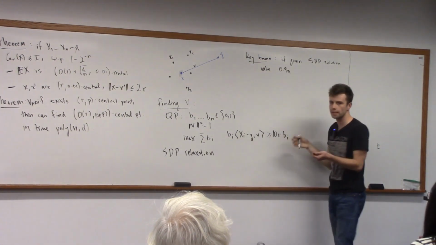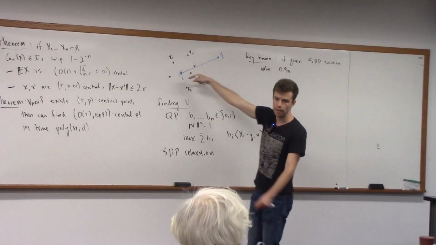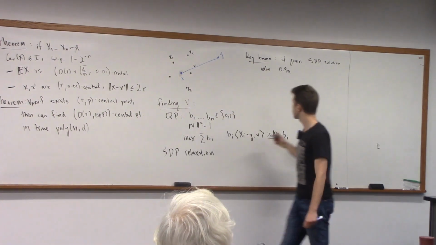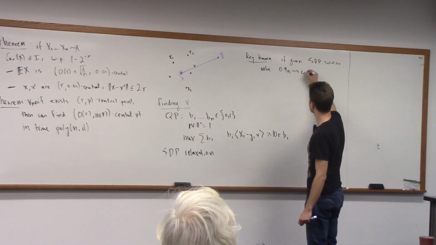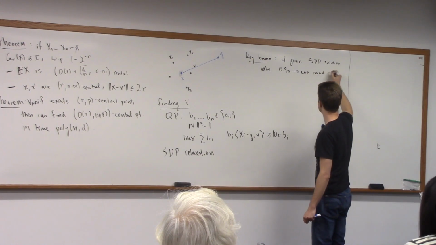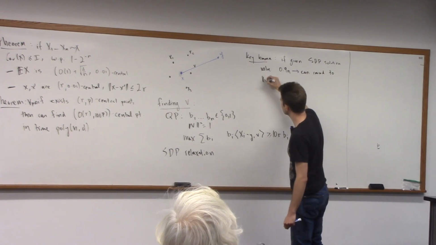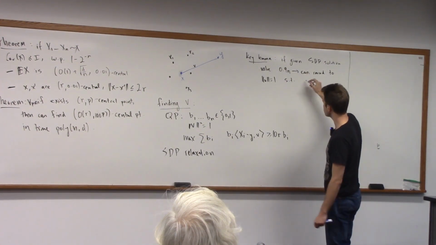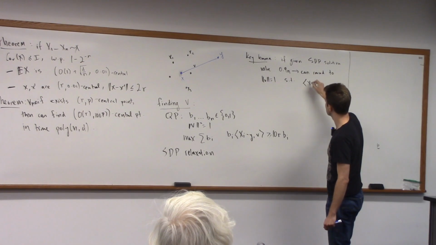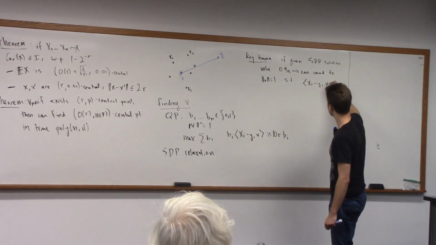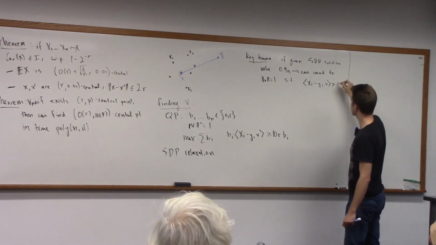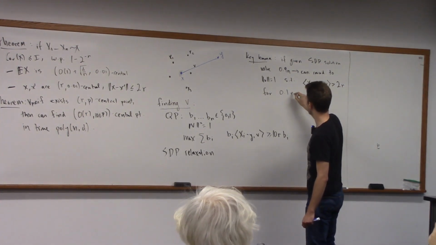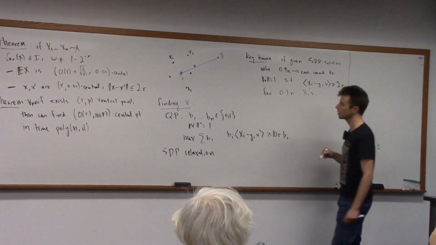So that's a solution that says, I think there's a direction in which 90% of the points are far away from y. Then you can round to get a unit vector v such that the inner product of xi minus y with v is greater than 2 times r for 0.1n of the xi's.